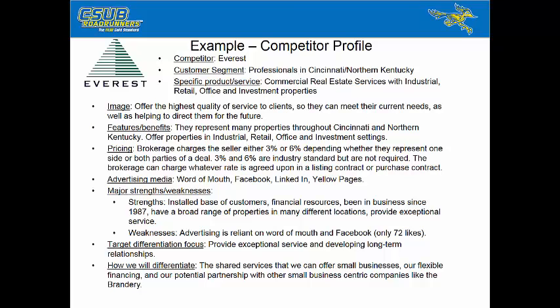Their pricing, basically 3% or 6%, depending on whether they represent one side or both sides of a deal. Advertising media they advertised on were word of mouth, Facebook, LinkedIn, and the Yellow Pages. Major strengths and weaknesses.